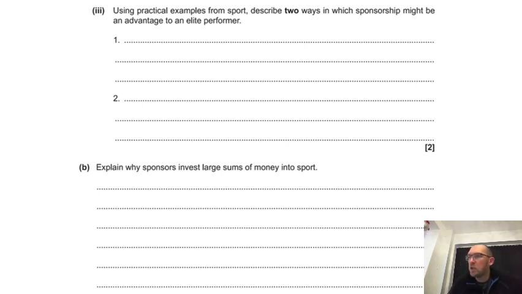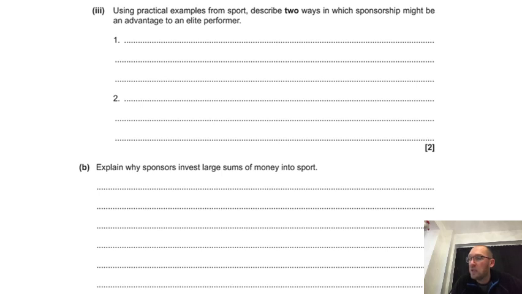Right, the next one. Many candidates could explain why sponsors invest large sums of money into sport. Candidates could express well that sponsors will invest large sums of money to get their products widely publicised for a single mark.